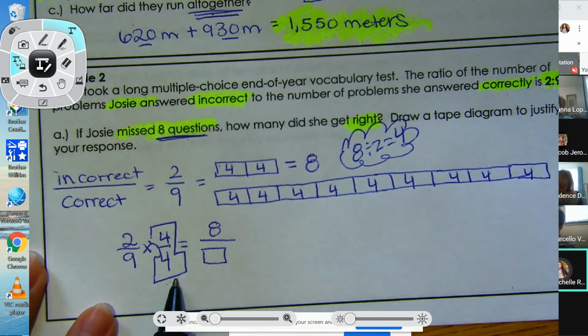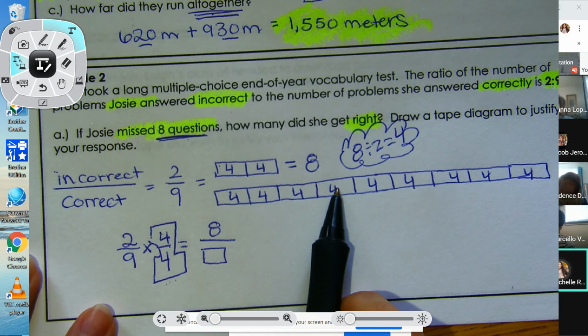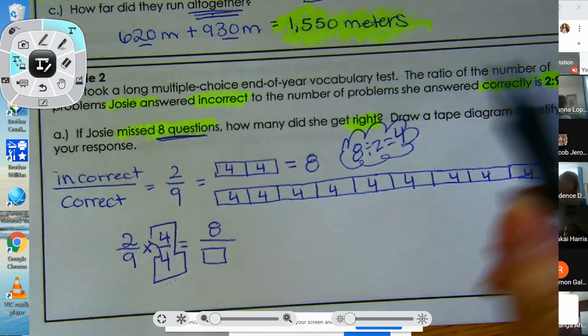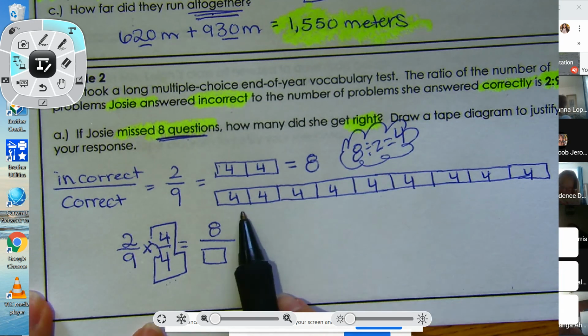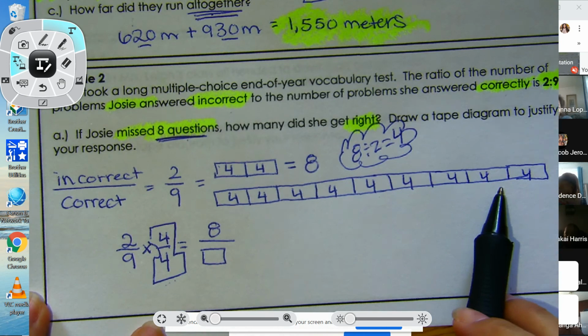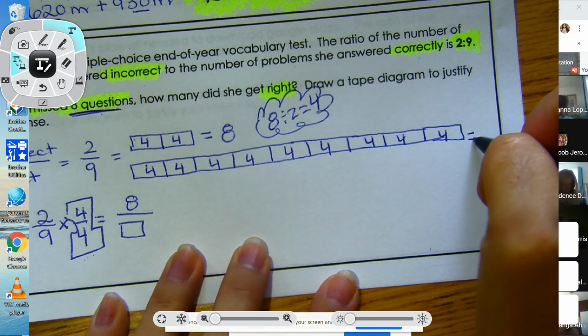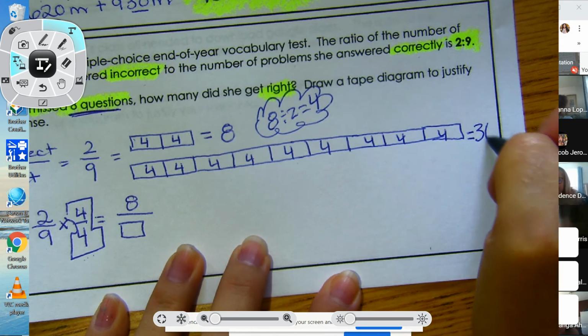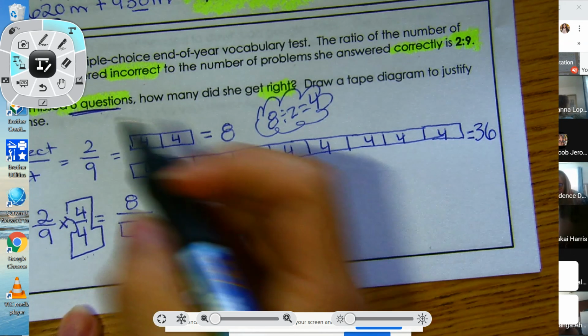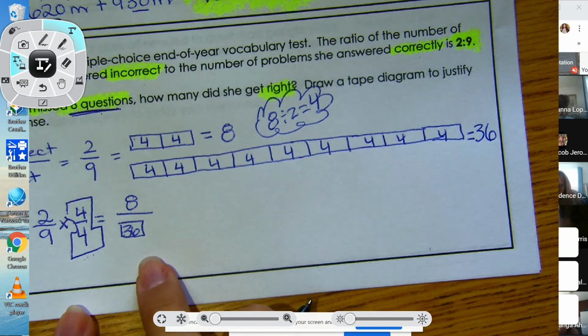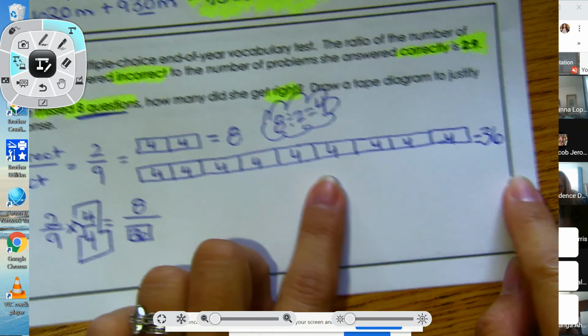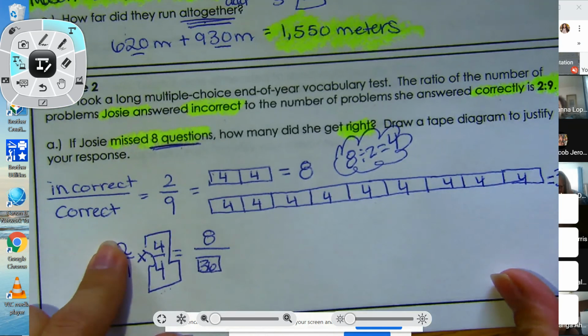This is using calculations. This is using a diagram. All right, so we're now thinking, okay, 9 times 4. What's 9 times 4? 9 times 4 is 36. So our missing piece was 36. So 36 questions correct.